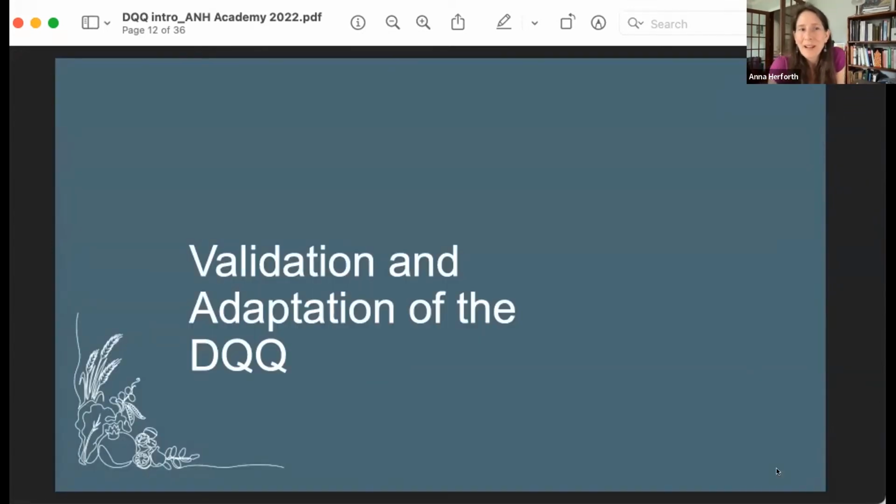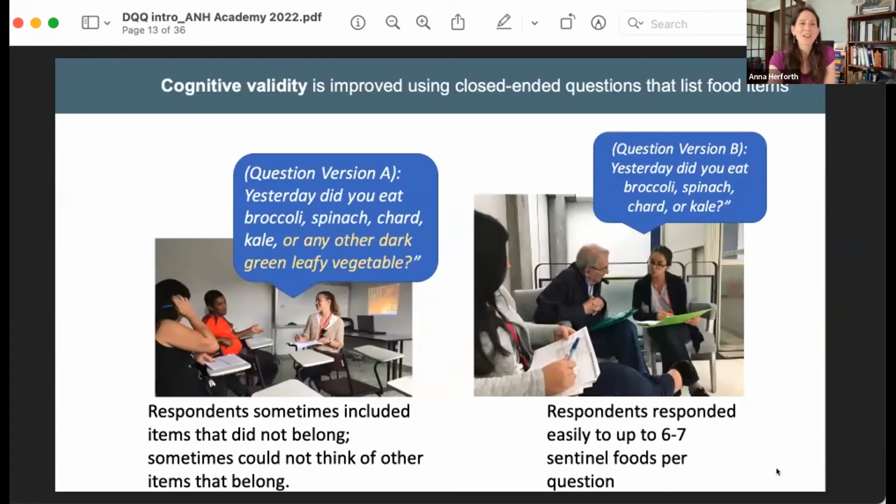A little bit about the validation and adaptation of the DQQ. It started with cognitive validation, cognitive testing, to understand how people think about the questions when they hear them.